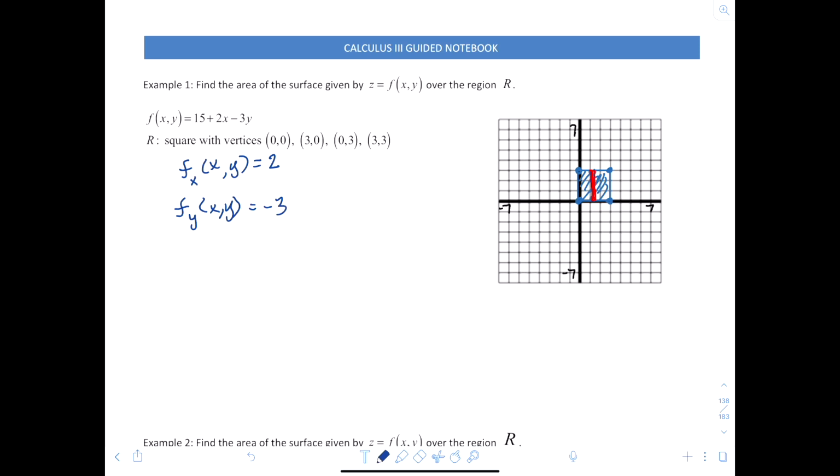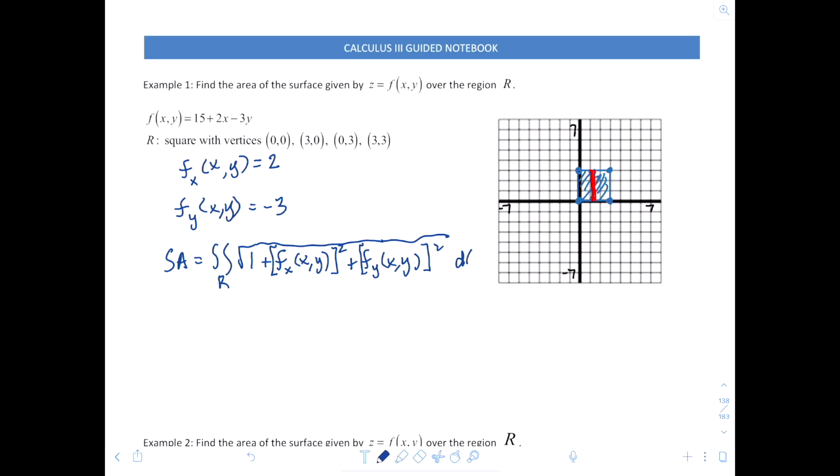And so the surface area is equal to, in general, the double integral over the region of the square root of 1 plus fx of x and y squared plus fy of x and y squared, with respect to A. For us, both x and y would be moving from 0 to 3.